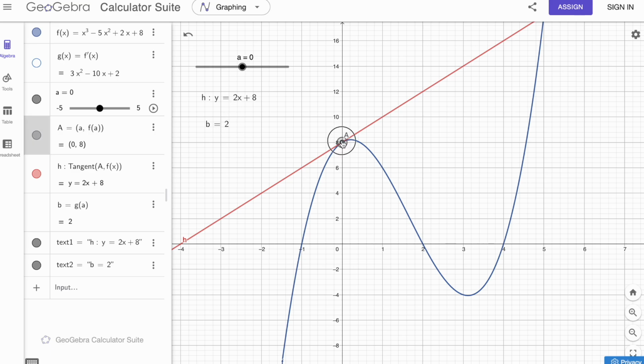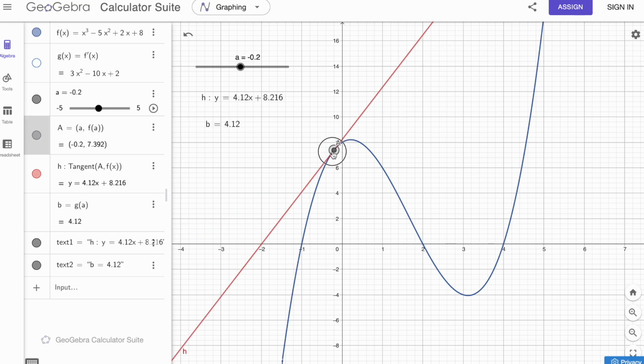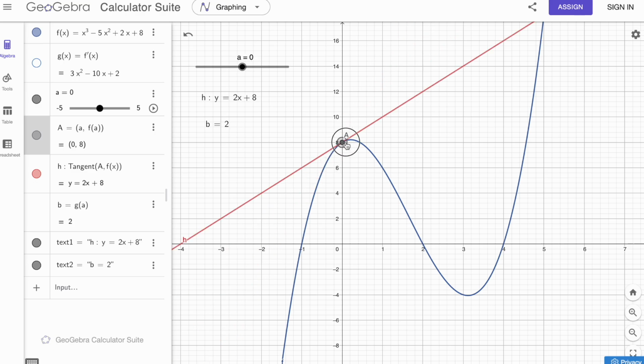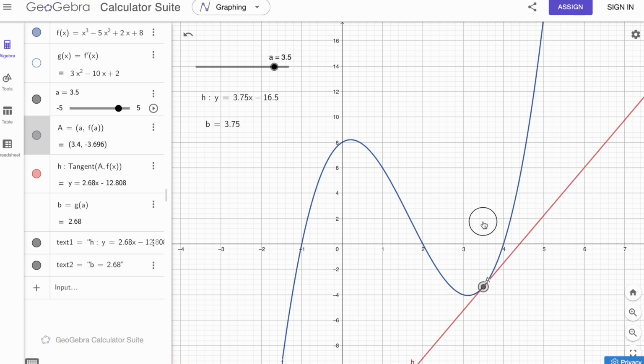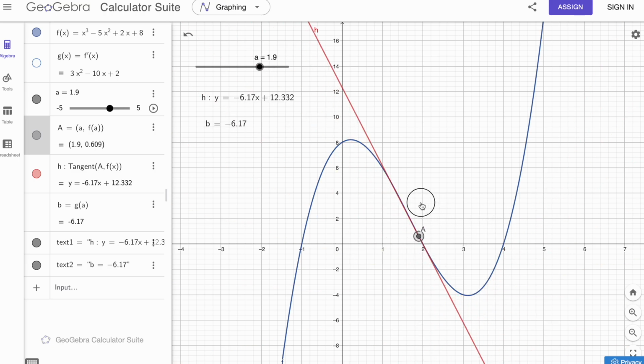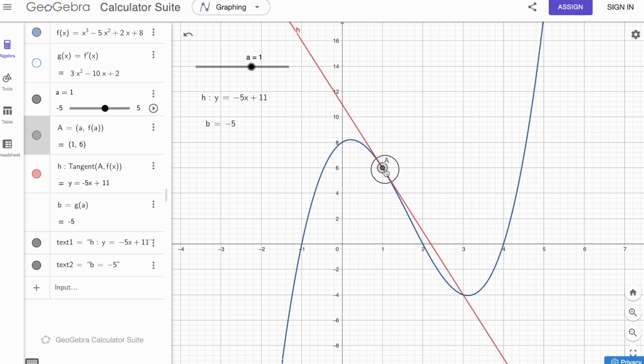Let's have a look. So I drag it along the function. Okay, so for example here, the equation of the tangent is -5x plus 11. So the gradient of the function, or the slope of the function, is -5.